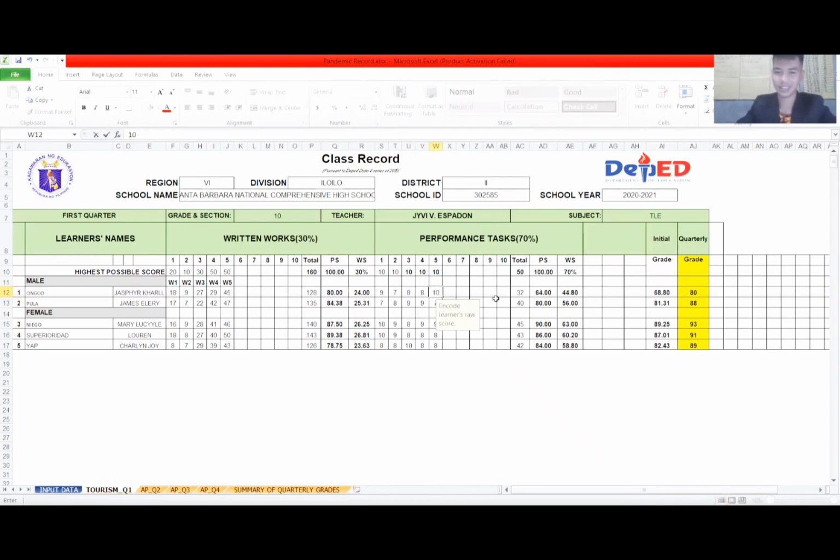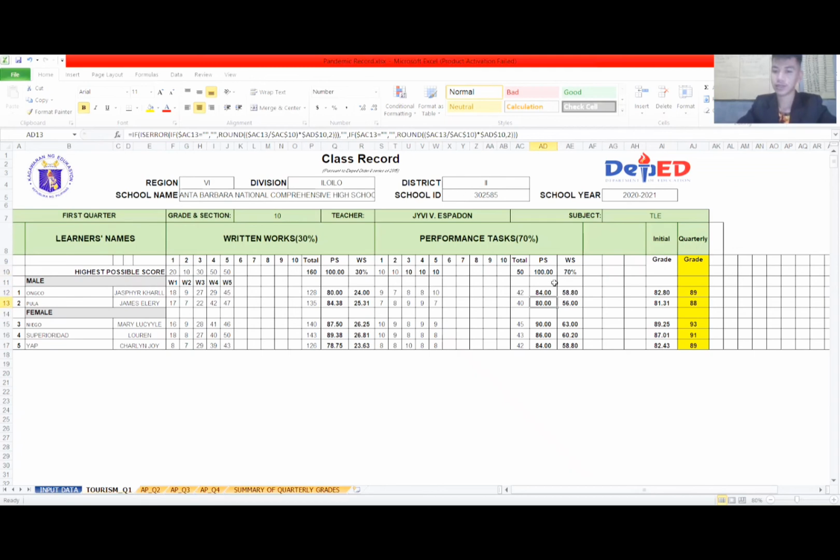So a total of 32. The total of my performance test is 50, but Mr. Ungko got a 42. So why does he have an 84%? Because 42 divided by 50 and multiplied by 100 equals 84.